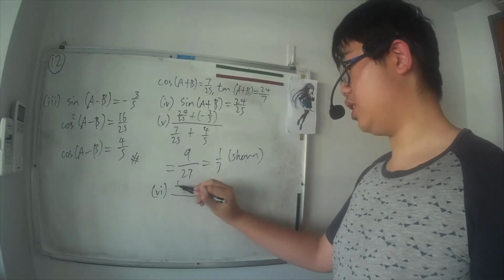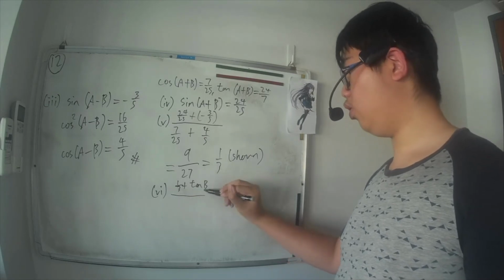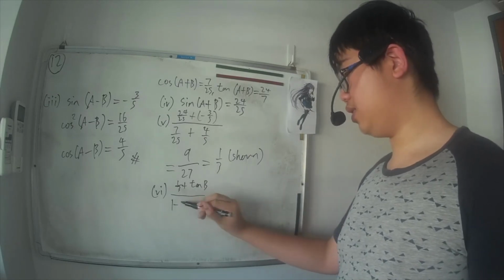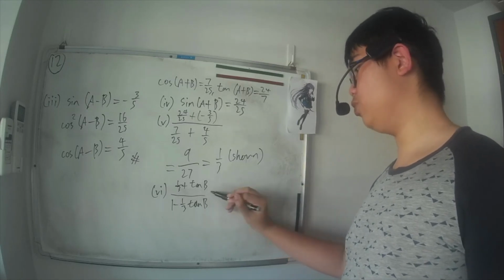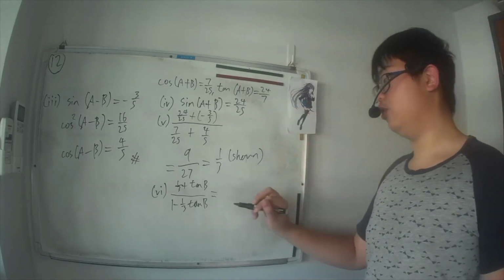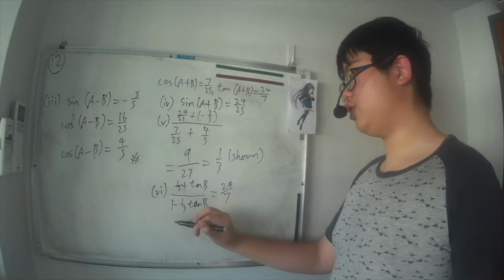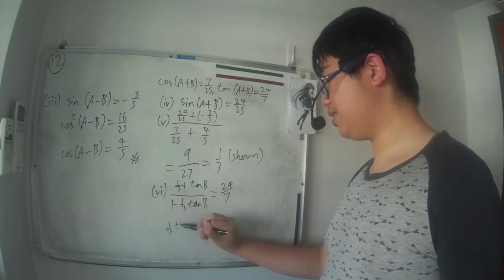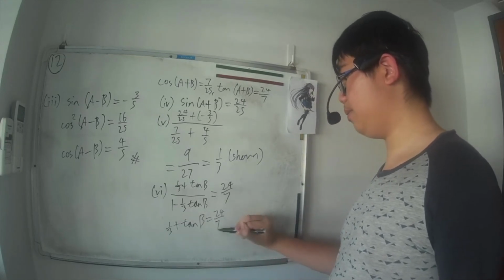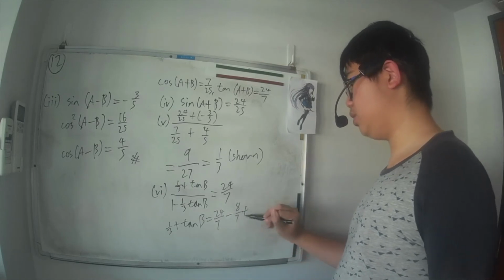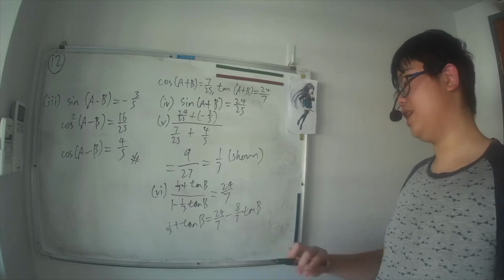We know tangent A is 1/3, so 1/3 plus tangent B all over 1 minus 1/3 tangent B. And this we know is equal to 24 over 7, right? So now we are solving for tangent B. 1/3 plus tangent B is equal to 24 over 7 minus 8 over 7 tangent B. Right? Okay, so let's make one side equal to 0.